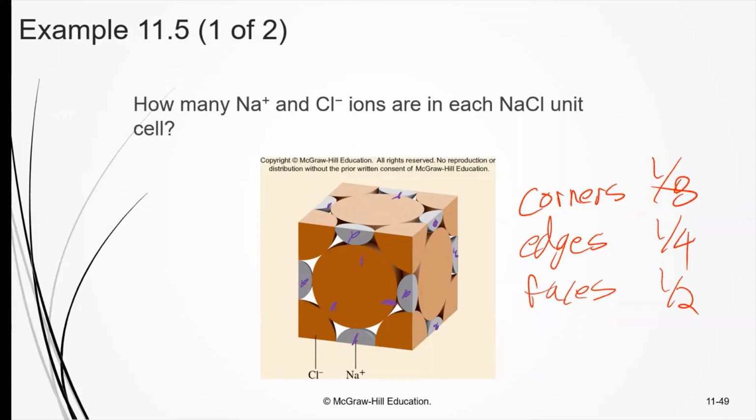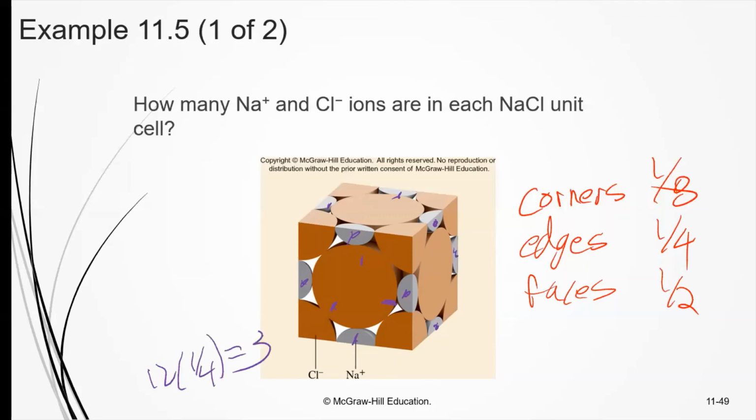Okay. So if we imagine that each one of those edges fits that quarter of that NaCl, and if we have 12 of them, then we should have 12 times 1/4, which is going to be 3.